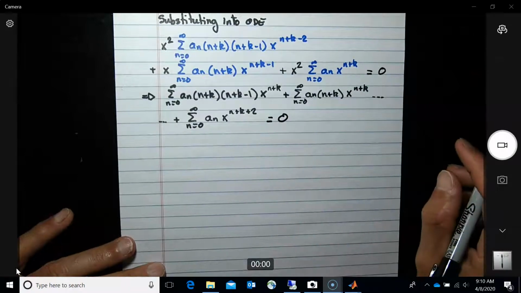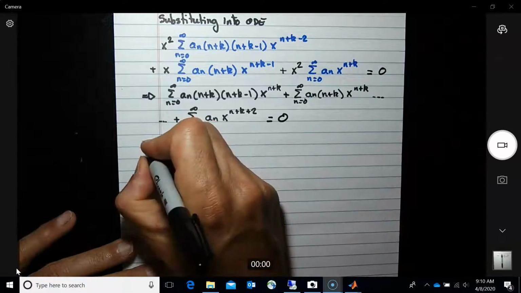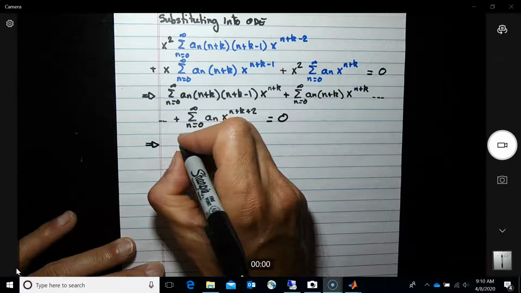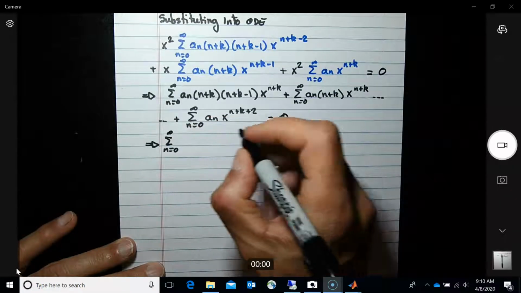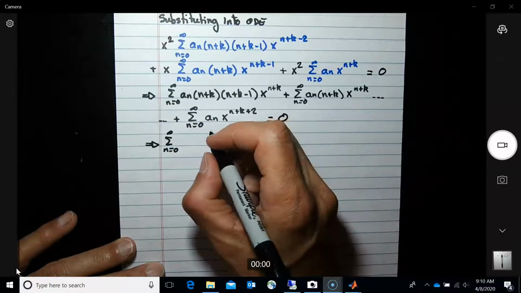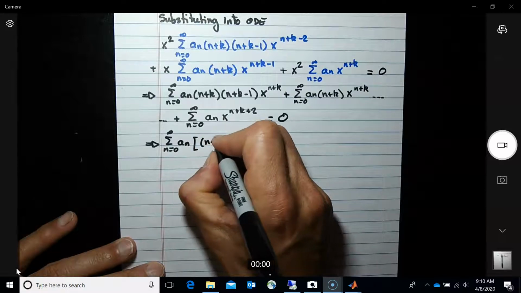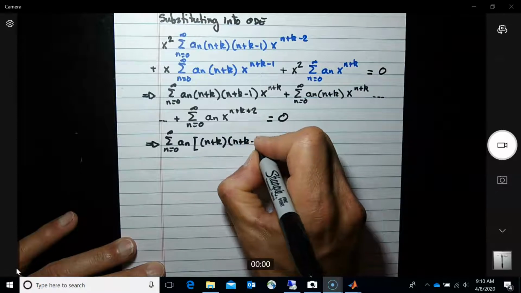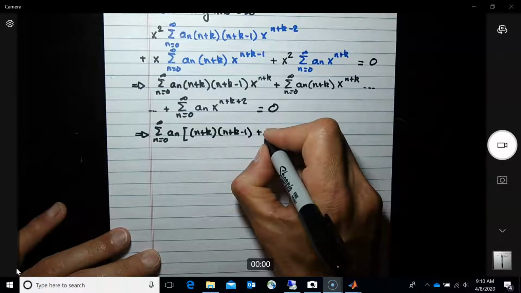Okay, or we can just rewrite this by collecting terms: the summation n equal to 0 to infinity, factoring a sub n, of n plus k times n plus k minus 1, plus n plus k from this term over here.